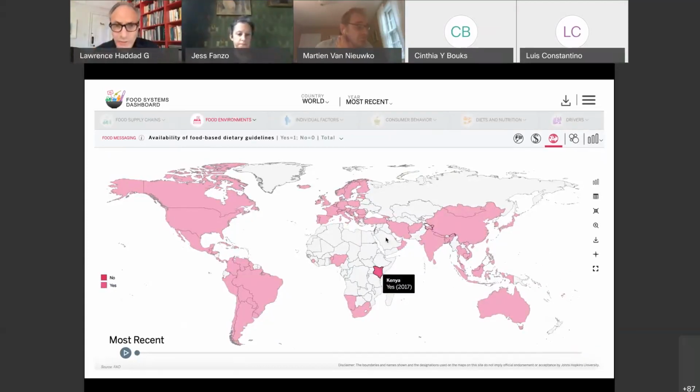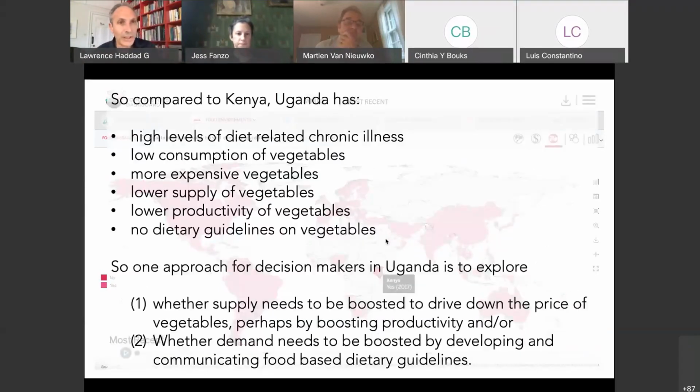So, if you're a Ugandan policymaker and you're worried about high levels of diet-related chronic illness, one of the things you might want to explore is the low consumption of vegetables, the more expensive vegetables, the lower supply, the lower productivity of vegetables, and that you've got no dietary guidelines on vegetables. So you can have a supply side investigation, and you can look at a demand side. Are we doing anything else on the demand side to boost the desirability of consuming vegetables?